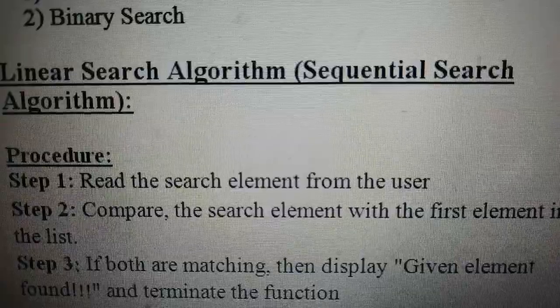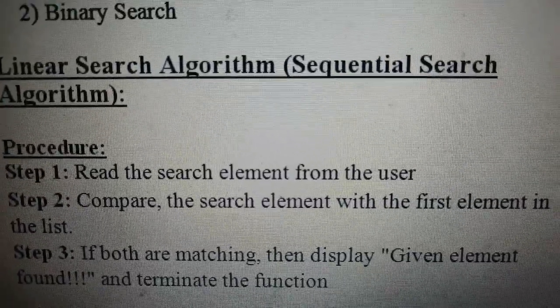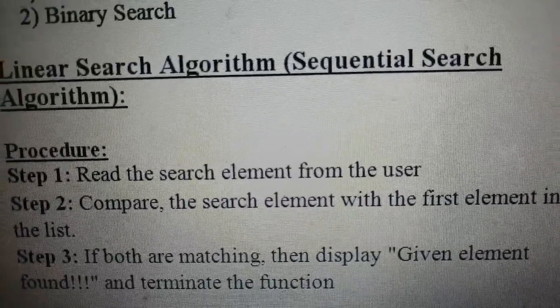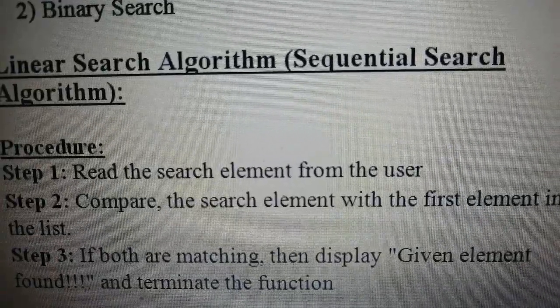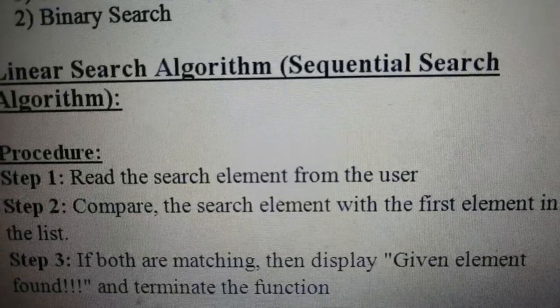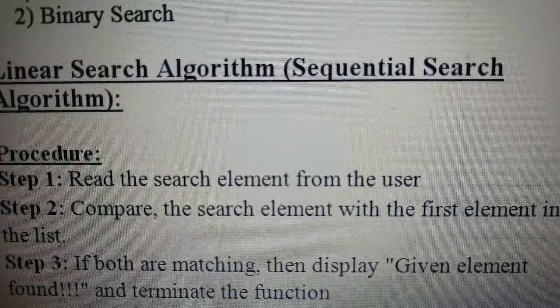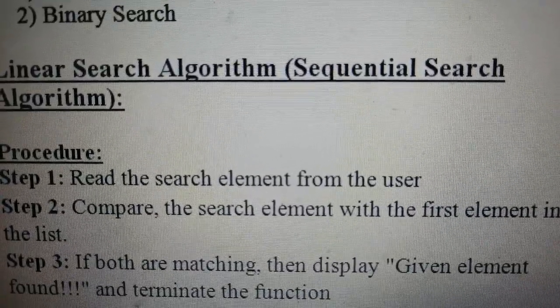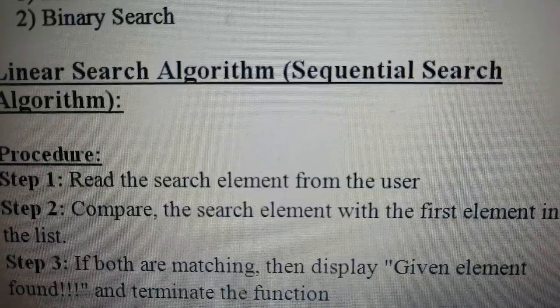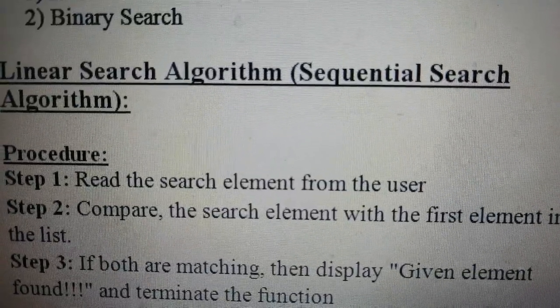The first step of the algorithm is to read the search element from the keyboard, that is, the desired element. The second step is comparing that element with all the values in the array.